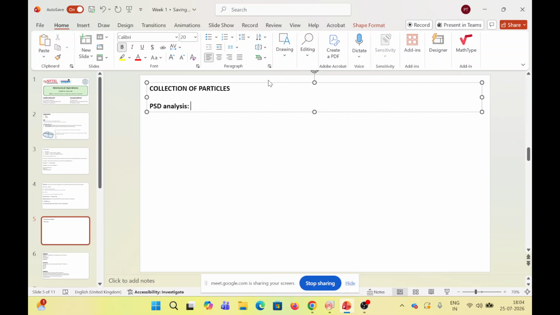The best way, or the simplest way, of doing a PSD analysis is through a sieve. I hope you would have seen a sieve at your home.